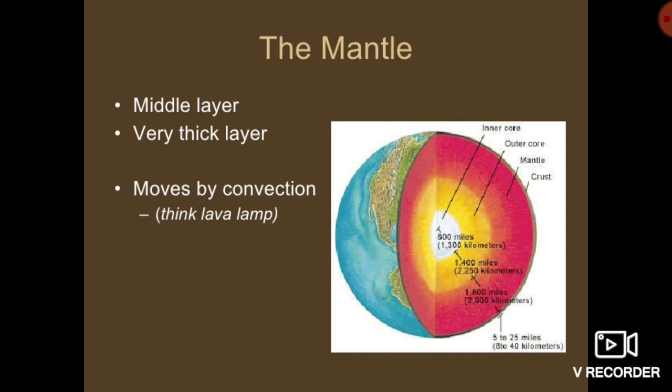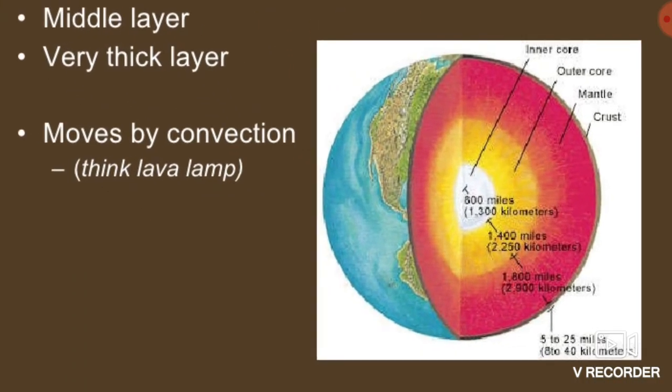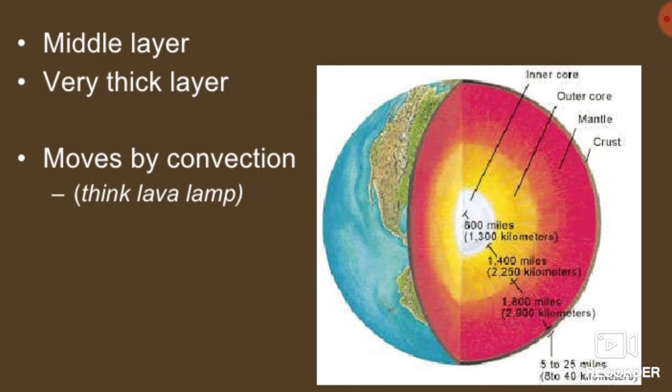You can see the lower mantle, the red color of the internal structure of the earth. You can see here through the diagram, the red color represents the mantle part of the earth. The lower mantle is in solid state, whereas the upper part of the mantle represents the molten state, just below the lithosphere.